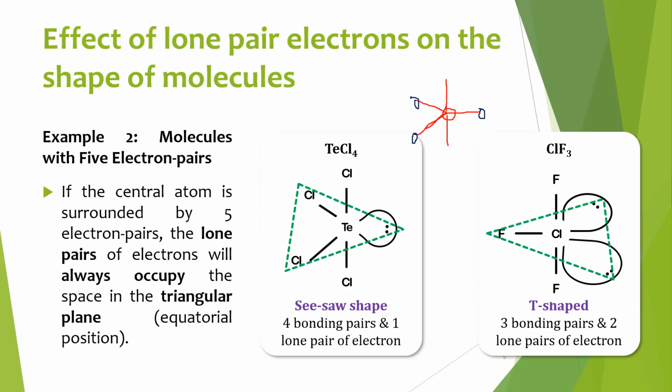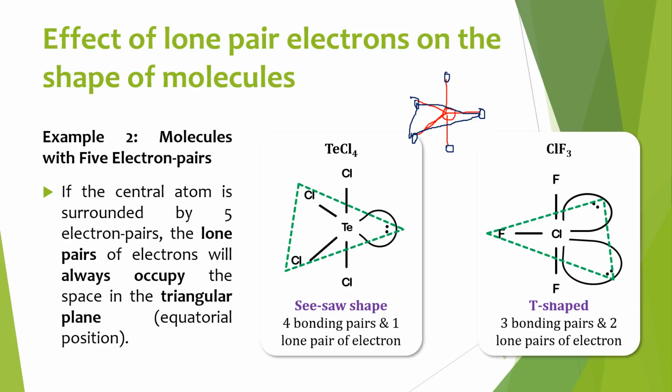So you have 5 side atoms: the vertical side atoms and the horizontal side atoms. What this statement means is that when you have a lone pair, the lone pair will always occupy the horizontal plane first rather than the vertical plane.